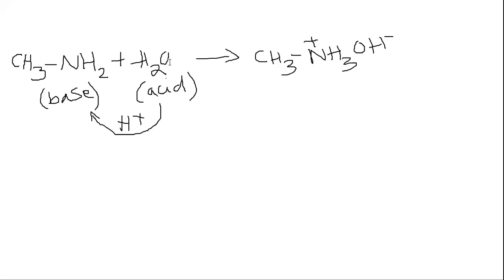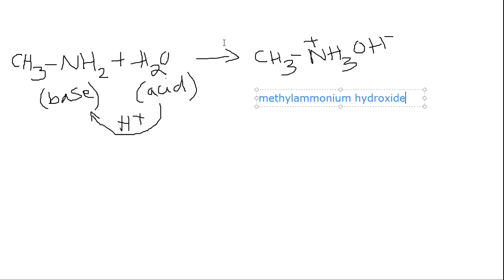What is left over when proton leaves? OH minus. That OH minus balances out NH3 plus. And the name of this compound is methyl ammonium hydroxide. Instead of chloride, this time you have hydroxide. OH minus is called hydroxide. Methyl ammonium hydroxide.